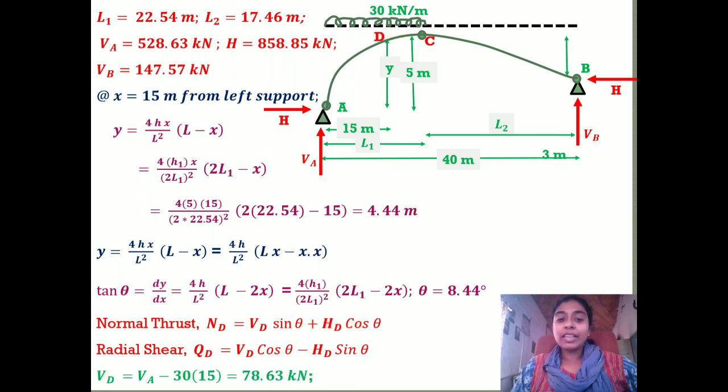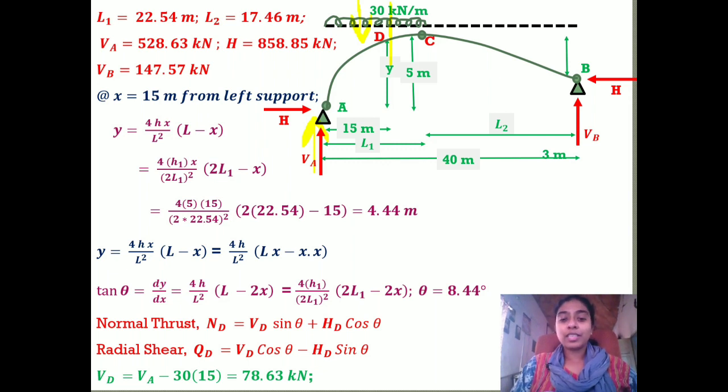Our vertical shear at D is the summation of all the vertical forces, either to the left of D or to the right of D. Considering the summation of all vertical forces to the left of D, we get VD is equal to, left upwards is positive, VA, left downwards is negative, minus 30 into 15, since x is 15.